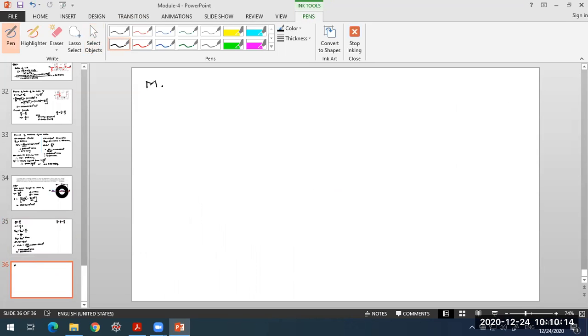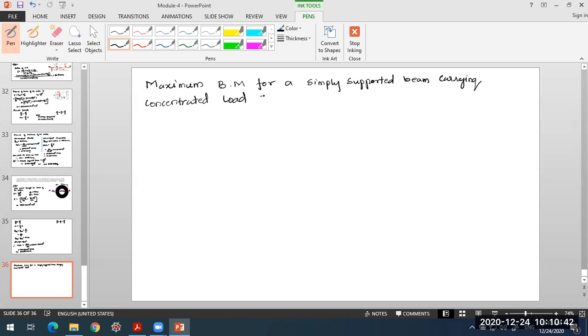The maximum bending moment for a simply supported beam carrying a concentrated load at midspan will be equal to WL by 4.